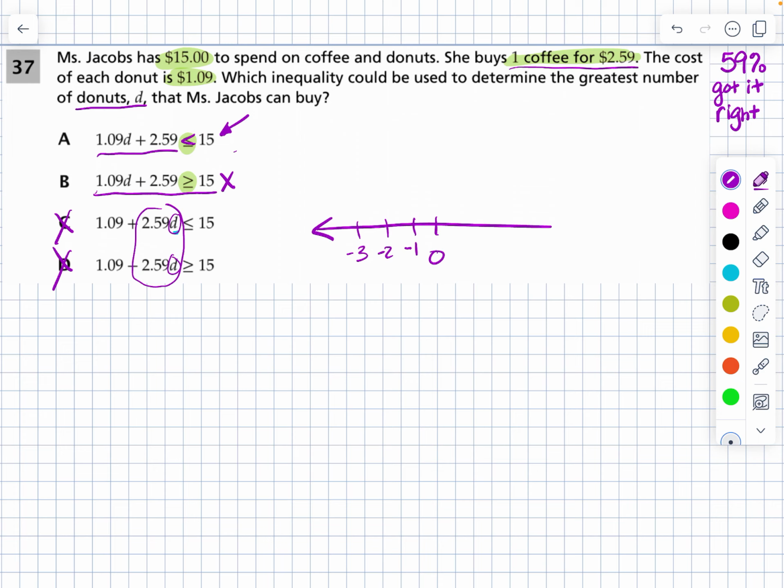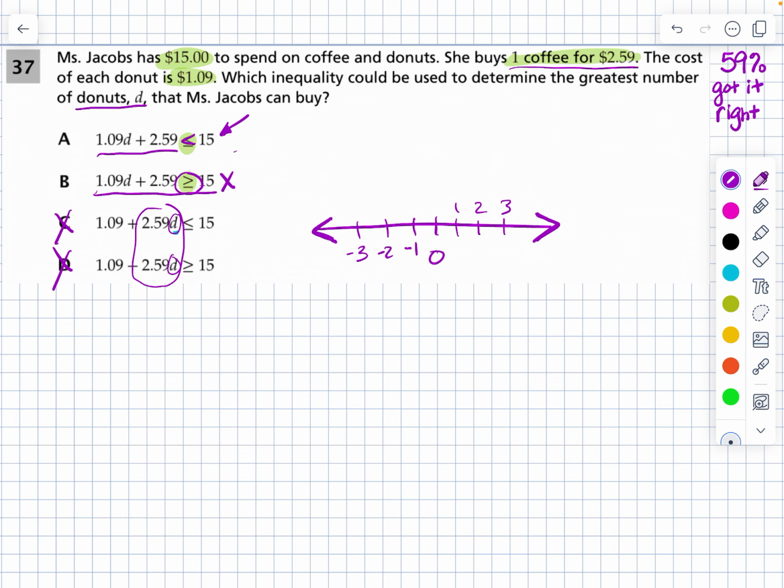So these numbers are getting smaller and smaller as they go this way. And this is your less than sign. And your greater than sign, the numbers are going greater and greater in the positive direction. So this is your greater than sign. So if you can say these things out loud, you'll understand what the answer is.